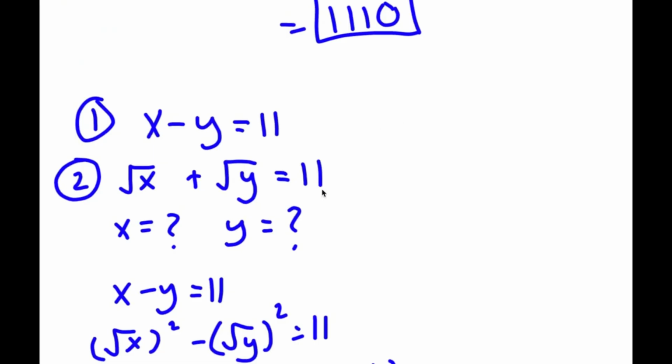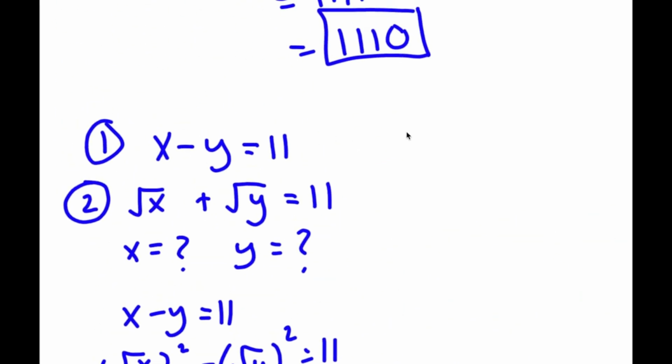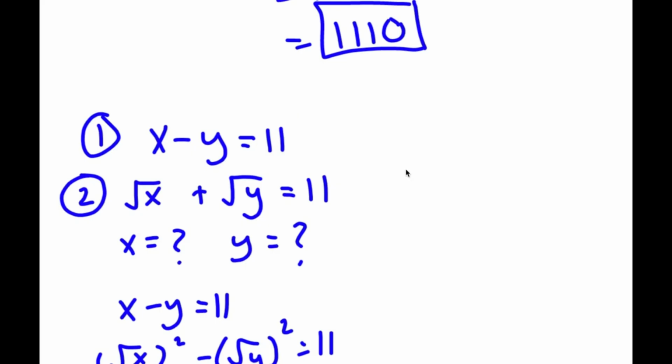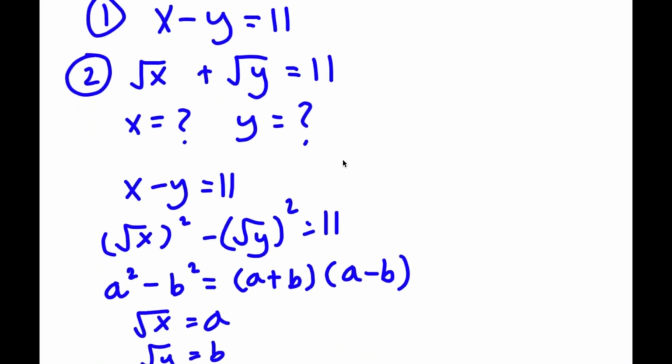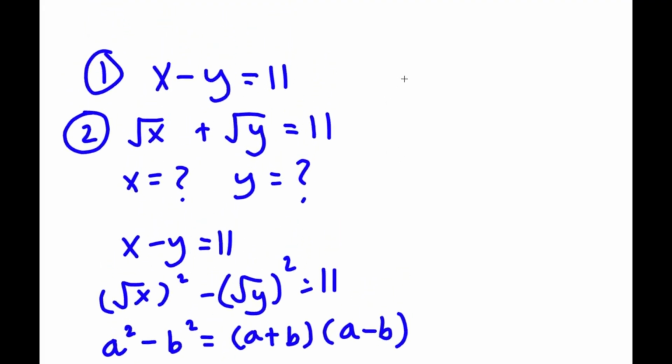So we have x is equal to 36. So if we plug in 36 for x, we get 36 minus y is equal to 11.